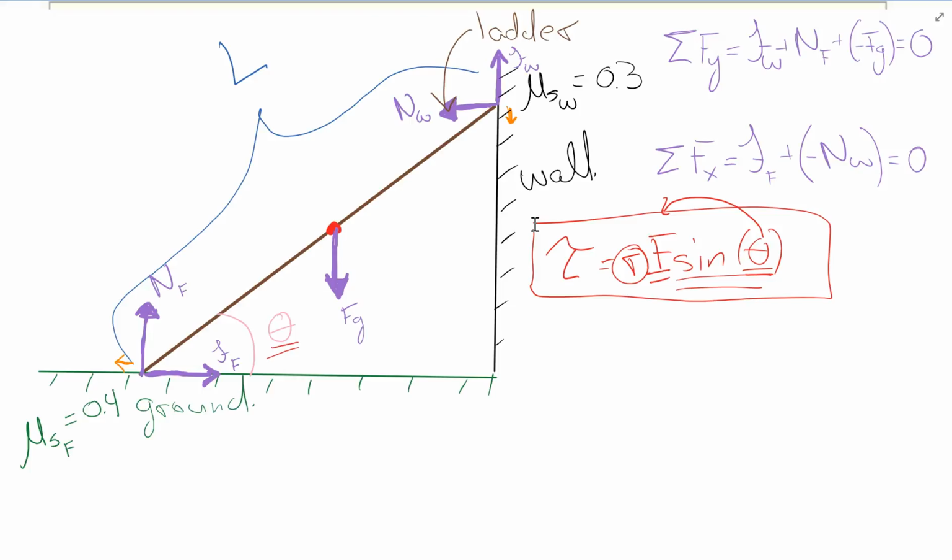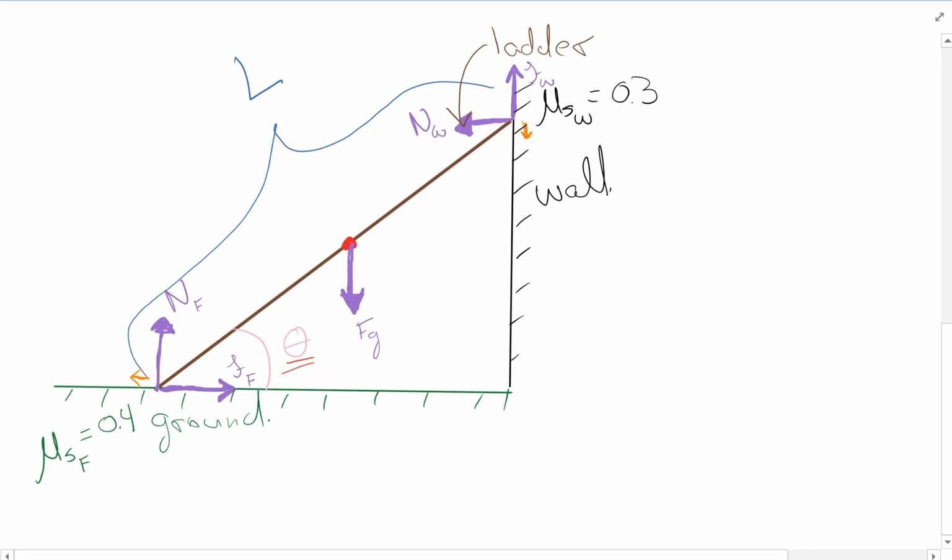The way we're going to solve right now is by using this equation, rF sine theta, and by drawing our lever arms and taking advantage of a little bit of geometry. So I've redrawn the picture. I've gotten rid of the force stuff because I'm going to look at the torques.